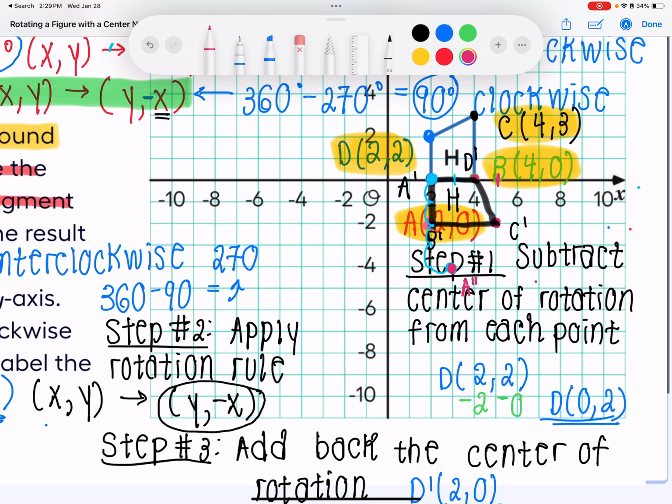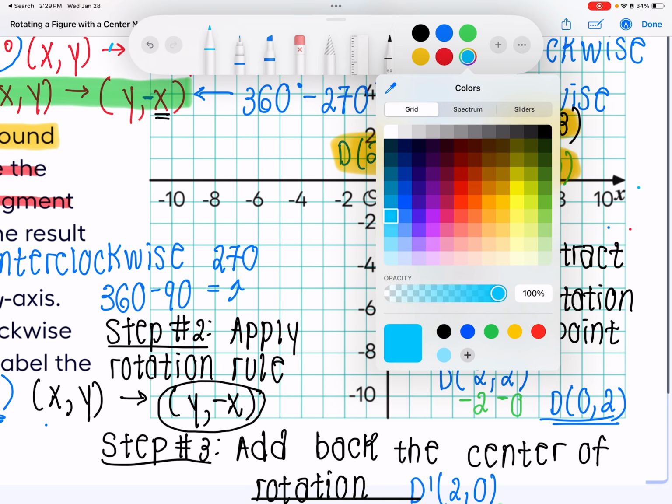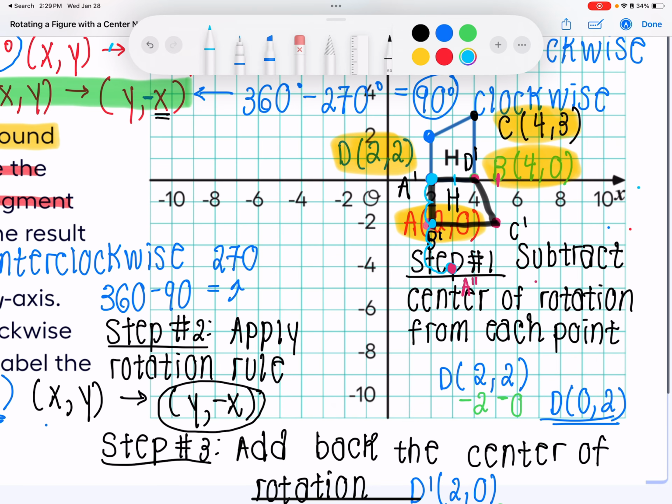So let me highlight that for you. B prime was right here. So I'm going to take that and go down 1, 2, 3, 4, and go to my right 1. So over here it's B double prime.